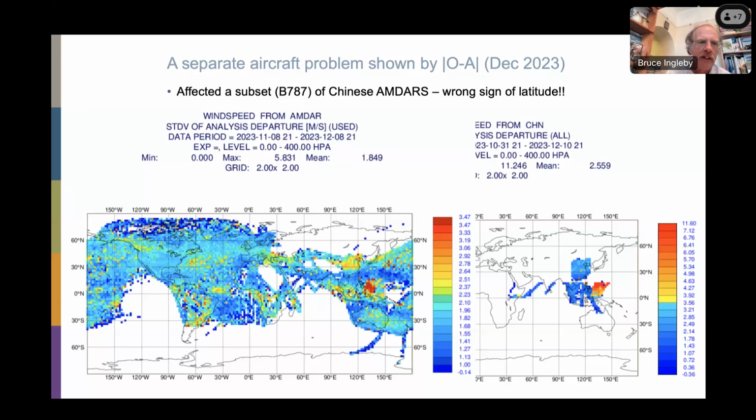It's much flatter than the O minus B plot. So if you looked at O minus B, that blob didn't stand out nearly so much. I looked at the Chinese AMDAR in particular, and the problem was there. It turned out to be wrong sign of latitude in the Boeing 787 data. But that's just to show you the use of this diagnostic on the right occasion.